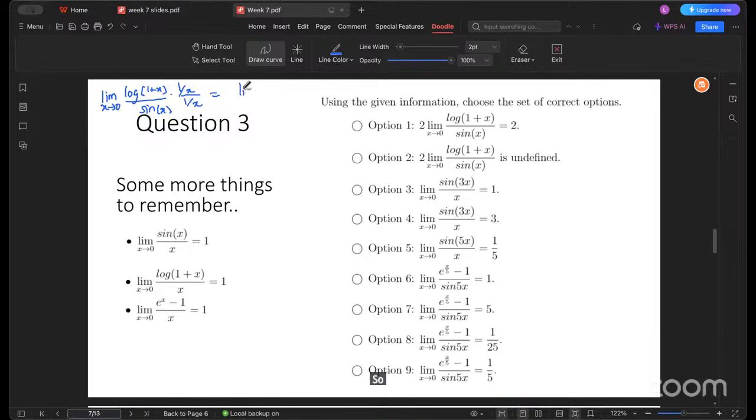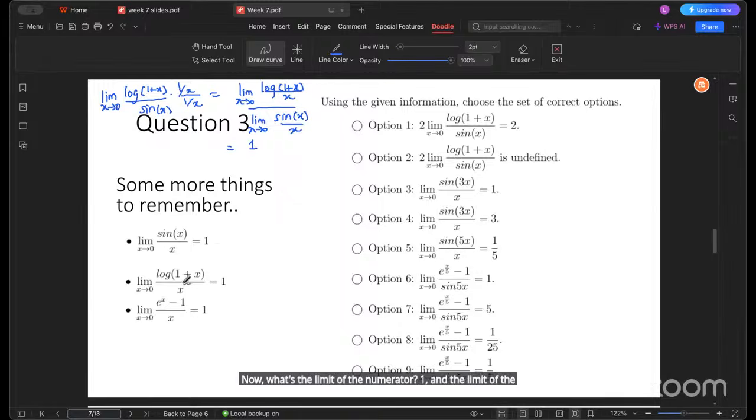Then I have the limit as x goes to 0 of log(1 plus x) by x, and the limit as x goes to 0 of sin x by x. Now what's the limit of the numerator? 1. And the limit of the denominator? 1. Okay, and then you have a 2 here, and so you will get 2 into 1, which is 2. Is this fine?